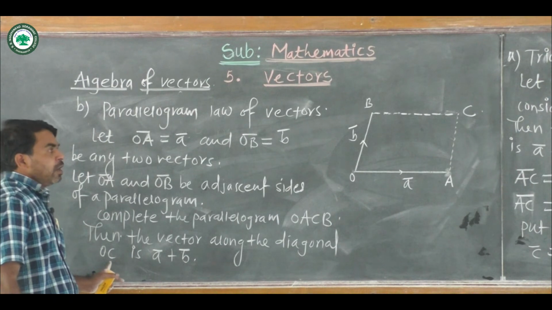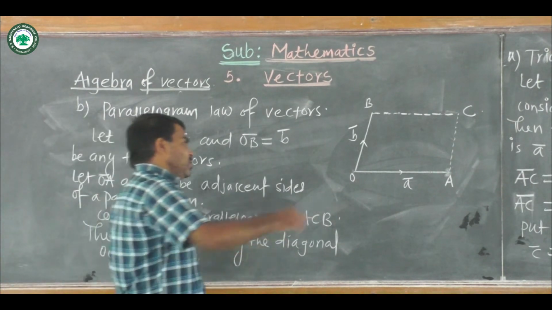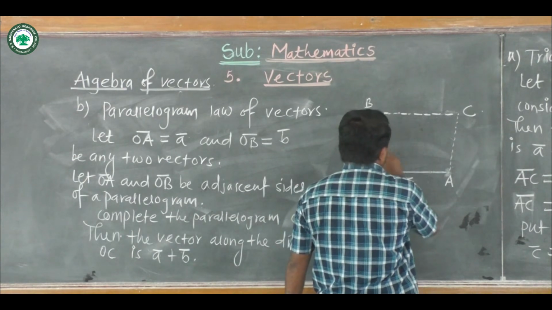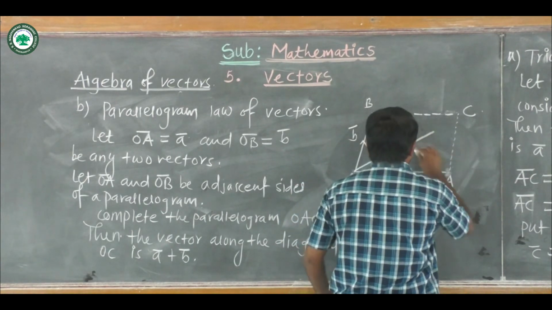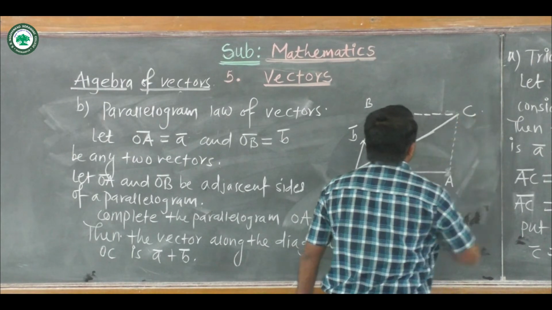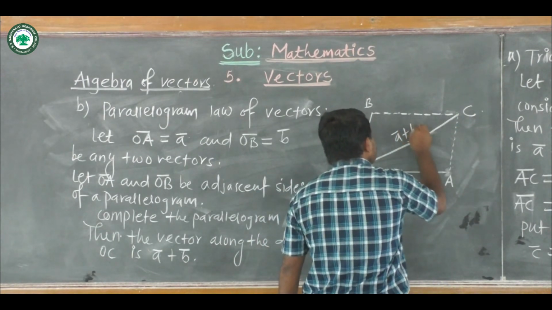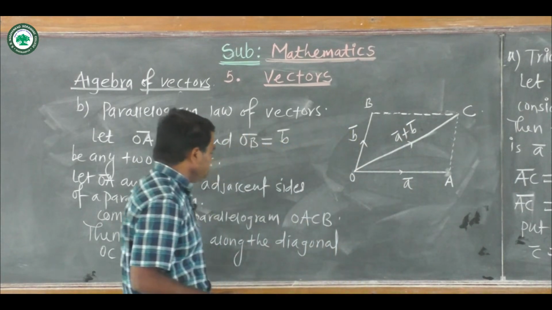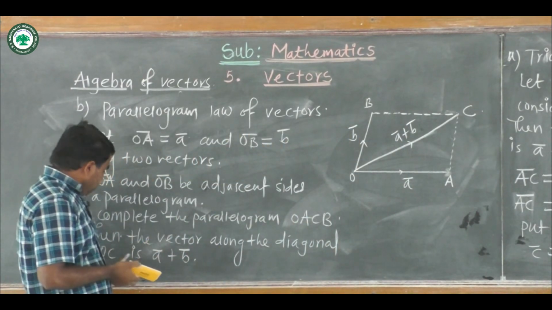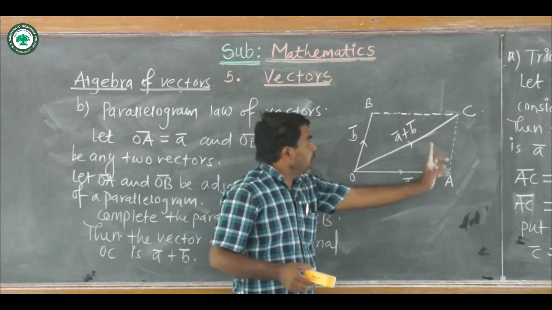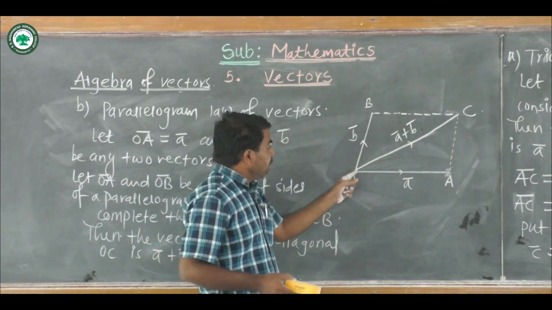See, this is the diagonal OC. And this vector is A bar plus B bar. See here, diagonal OC, not diagonal AB, diagonal OC.